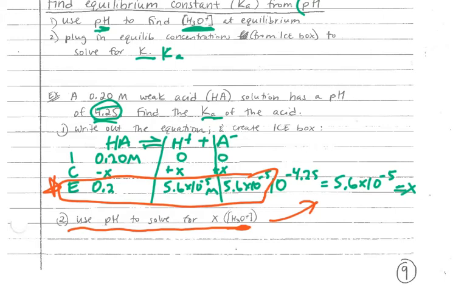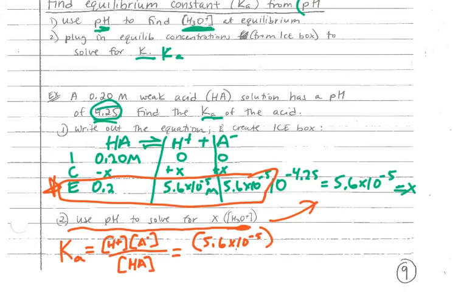The equilibrium constant expression for this would, of course, be H plus times A minus over HA. So we plug in the equilibrium concentrations that we just calculated: 5.6 times 10 to the negative 5th times 5.6 times 10 to the negative 5th, which is the same thing as squaring that, divided by 0.2.